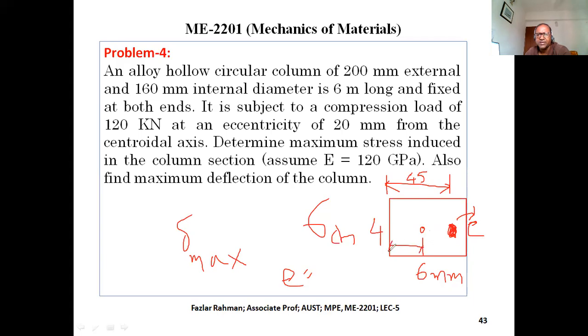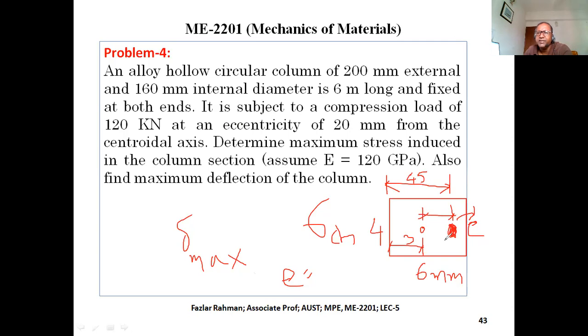It is 3, so our eccentricity will be this much. What is this? 1.5. Okay.